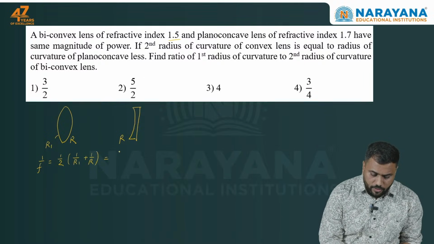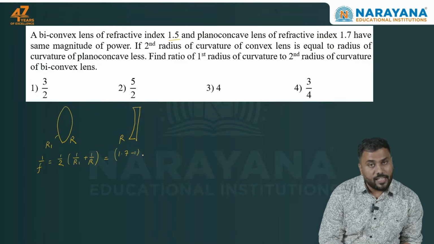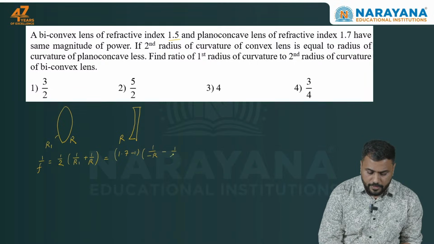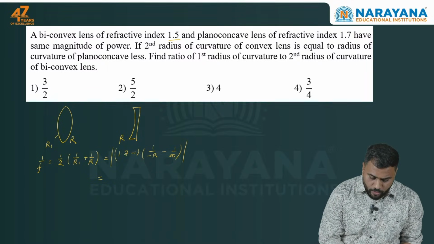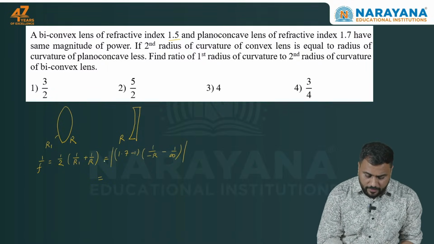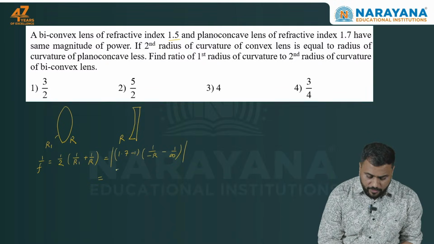So second lens will have 1.7 minus 1 into 1 upon first surface radius of curvature, which will be negative, and second surface is a plane surface. I will take mod of this expression because I need magnitude of powers to be equal. So the right hand side expression 0.7, that is 7 by 10 r, is equal to 1 by 2 r1 plus 1 by 2 r.